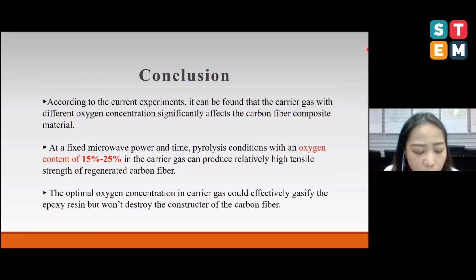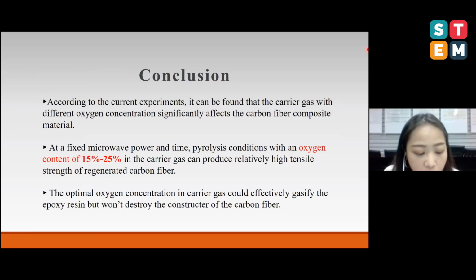And the second one is that at fixed microwave power and time, pyrolysis conditions with an oxygen content of 15% to 25% in the carrier gas can produce relatively high tensile strength of regenerated carbon fiber.